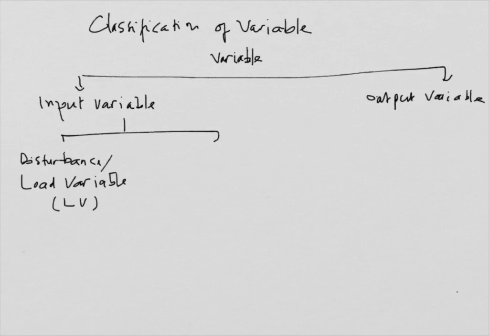And the second one is manipulated variable, or in another term, some people call the control variable. And we can note this by manipulated variable, MV.